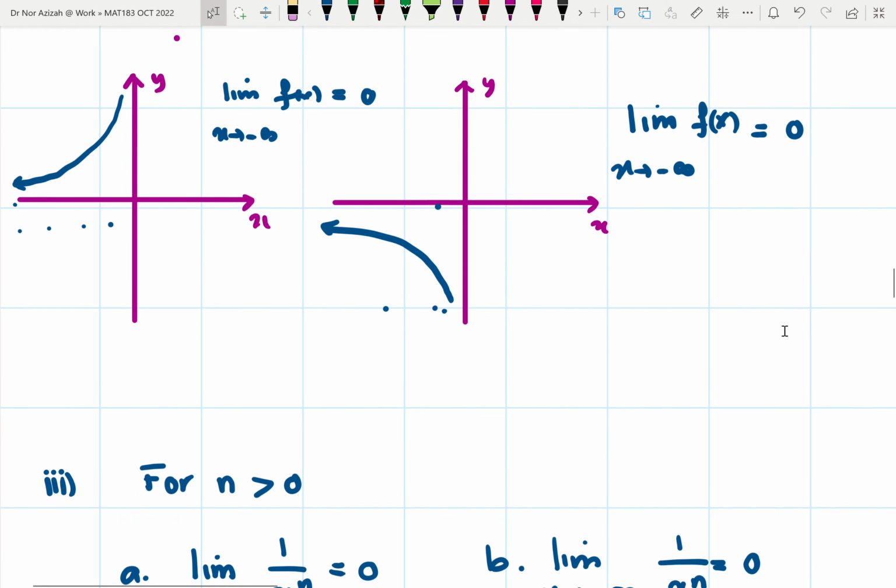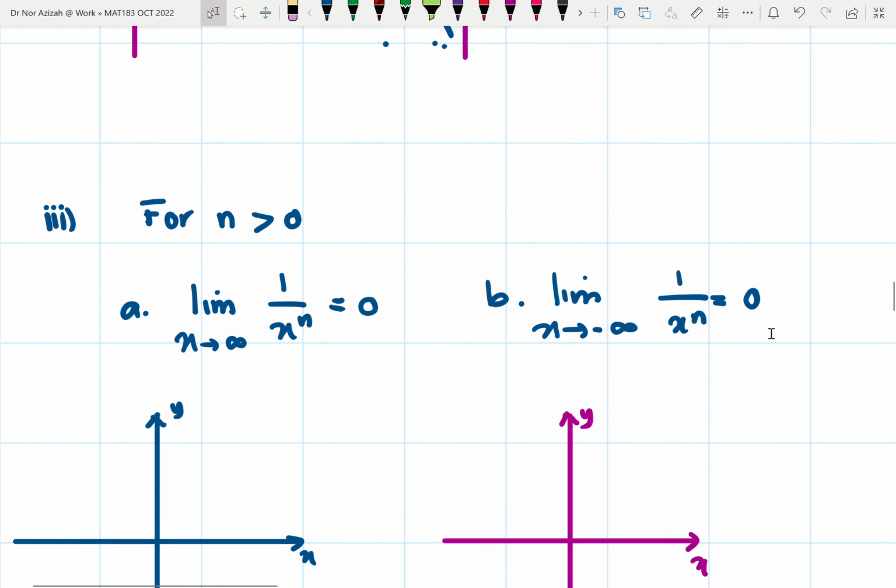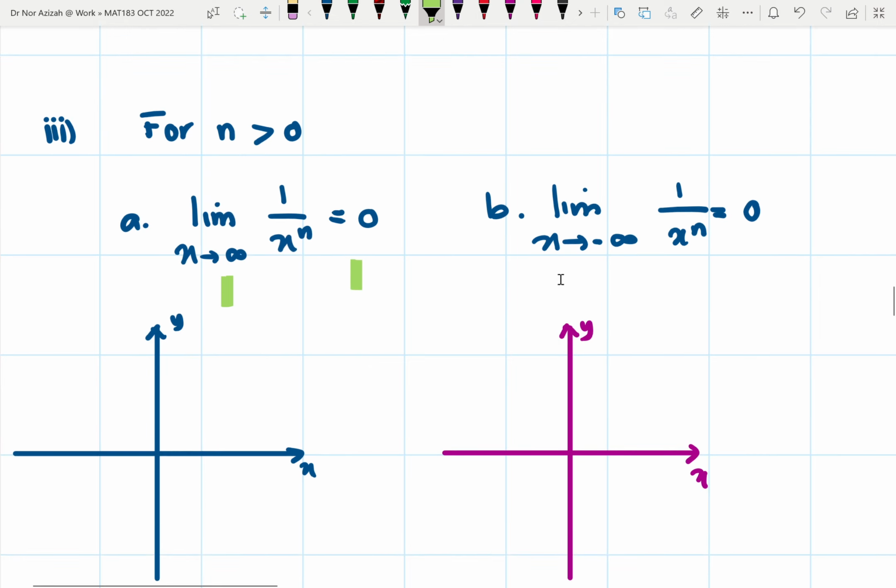Okay, so number 3, the property is, we actually already did this one. For n greater than 0, the limit of 1 over x to the power n when x goes to infinity, the answer is 0. Earlier we used x going to a number, not infinity. So for this one, what you can do is substitute the value for x here. So you get 1 over infinity to the power of n.